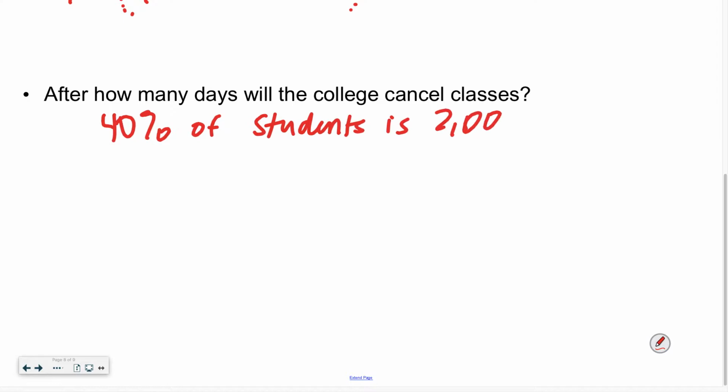It's 2,000. If you take 0.4 times 5,000, that's 40% of 5,000. That's 2,000 students. Okay, so the equation that we would have to set up, that's the amount of students we want. I mean, we don't want them to be sick, but in our equation, that's where we want the 2,000.